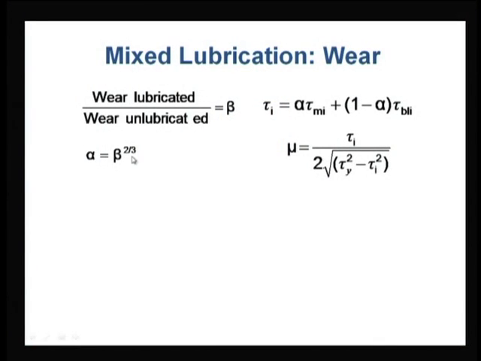If this is the situation, I can utilize this expression to find out alpha. Once alpha is known, we can find out what the wear volume reduction will be. We can say whether beta is equal to 0.01, 0.1, 0.2, 0.3, which can be judged relatively, not absolutely, in terms of alpha. That is a good approach.